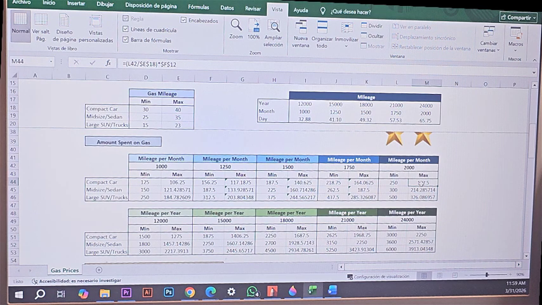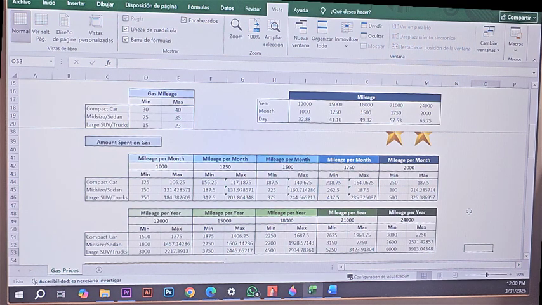So for the worst case scenario where you have the minimum for all of the cars, the large SUV per month at 2,000 miles per month is going to be spending $500 versus $300 for the midsize sedan versus $250 for the compact car.